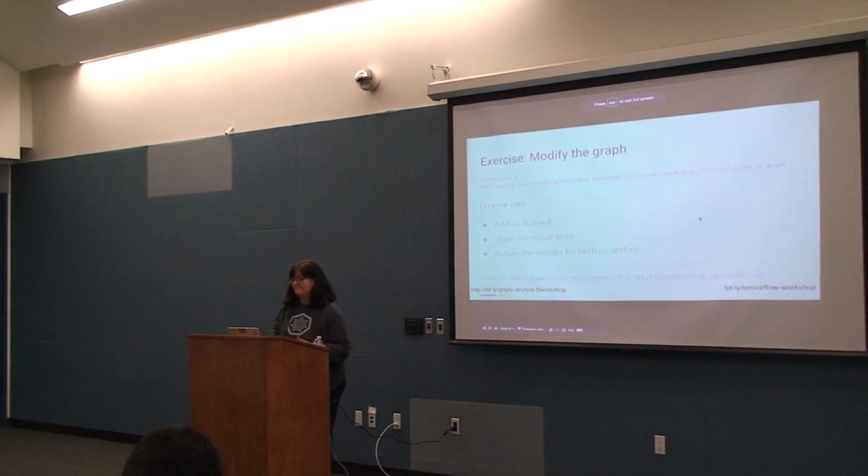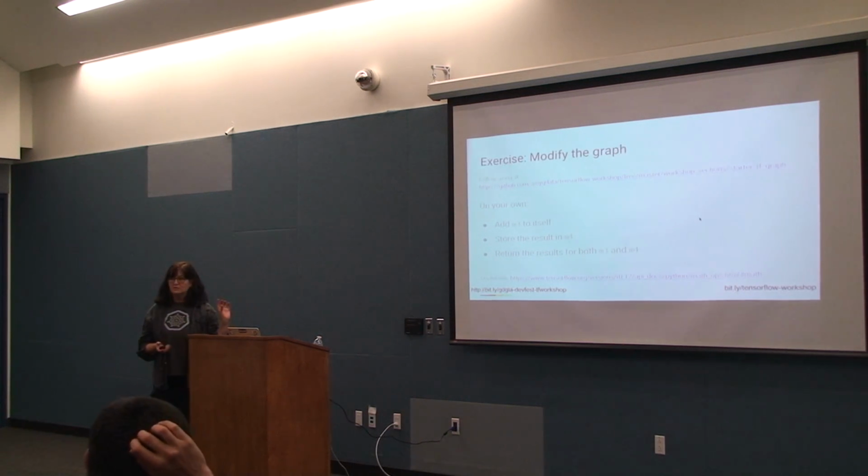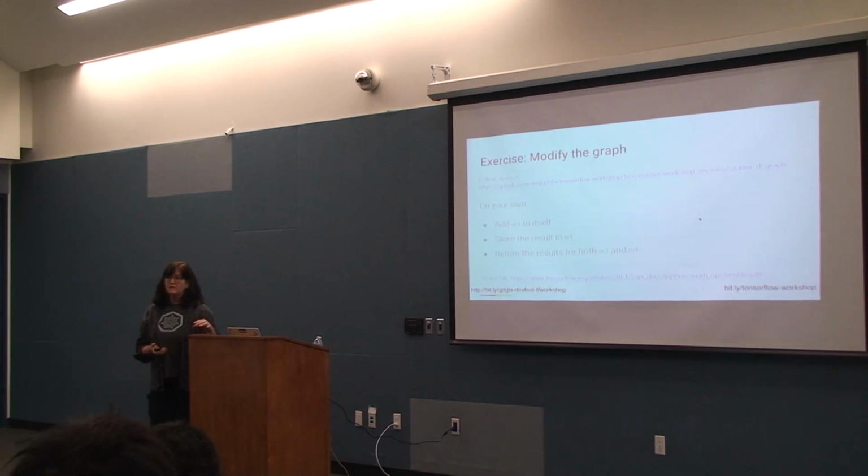Try modifying that graph. Add another node to the graph that adds M3 to itself. Store the result in M4, and then return the results for both M3 and M4. So that means that when you call session.run, you'll ask for both M3 and M4 to be evaluated and get the results back.